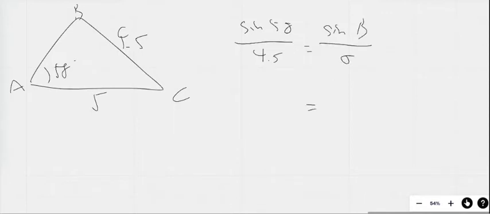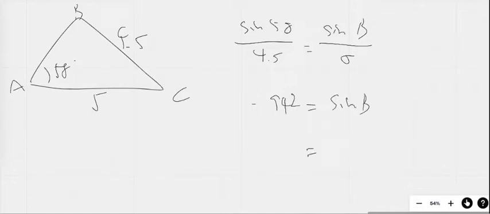So sine of 58 over 4.5 times 5 is 0.9422. So 0.942 is equal to sine B.